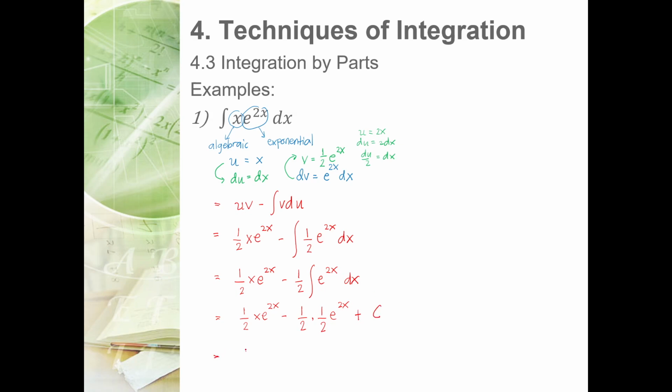So the final answer would be 1/2 x e raised to the power of 2x minus 1/4 e raised to the power of 2x plus c. So this is your final answer.